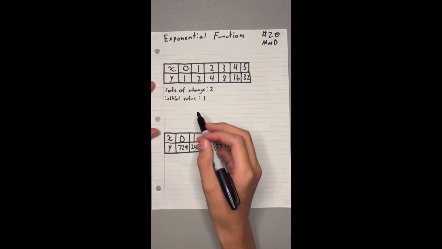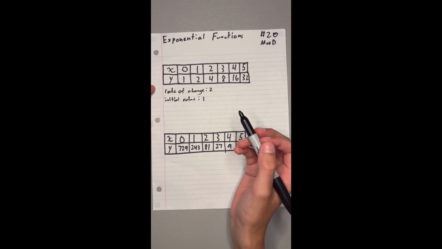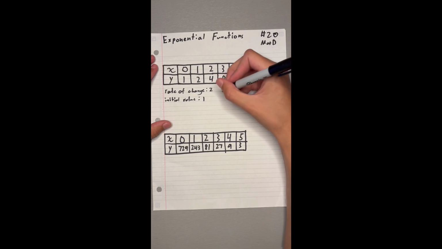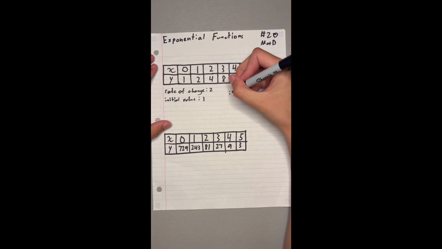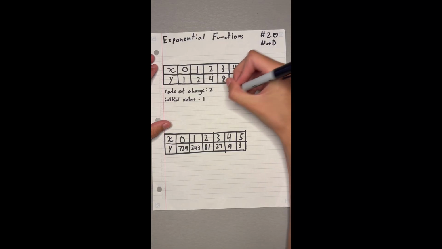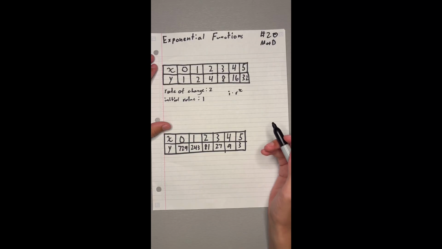Now that we have found the rate of change and initial value, we can create an equation for this table. The equation is set up as the initial value, so I'll just do I, times the rate of change, so I'll just do r to the x power. This might be kind of hard to see, but we'll just follow this rule.